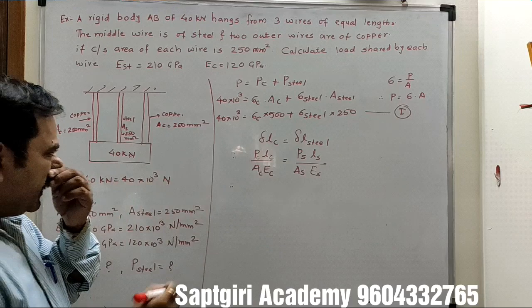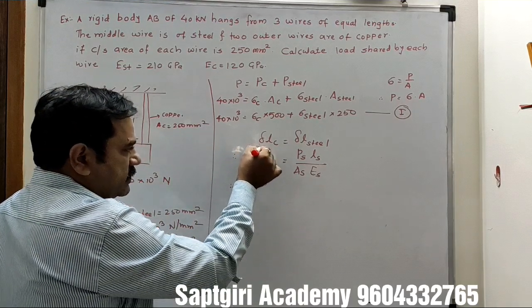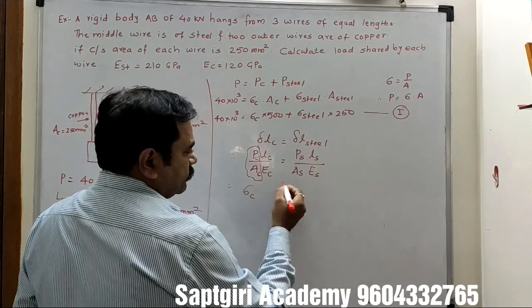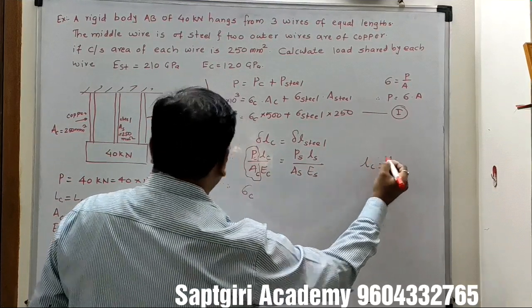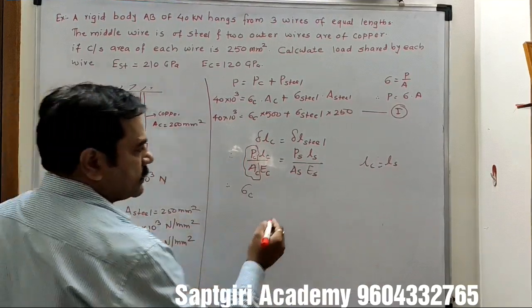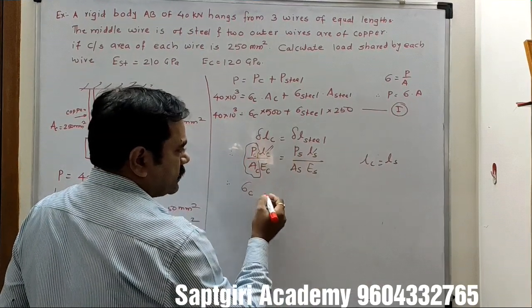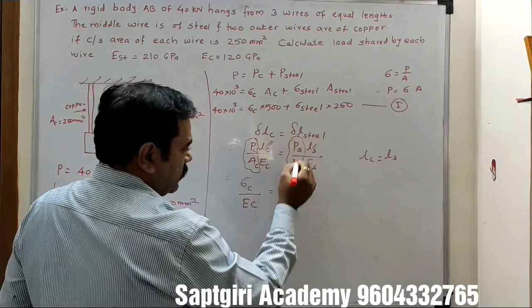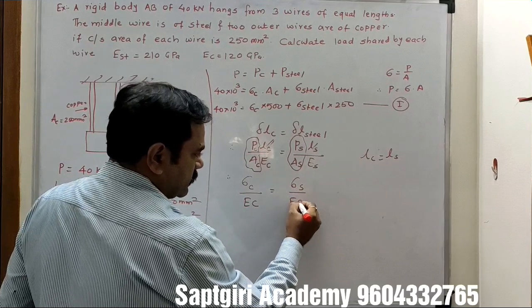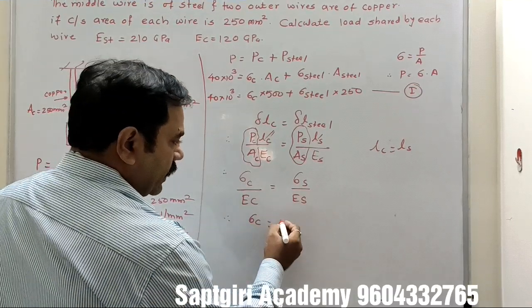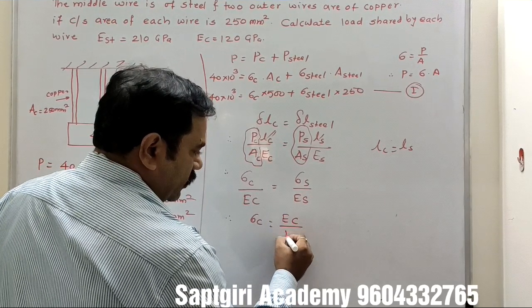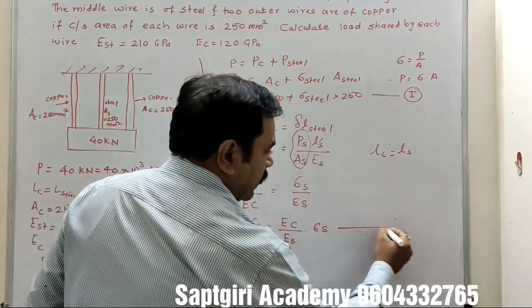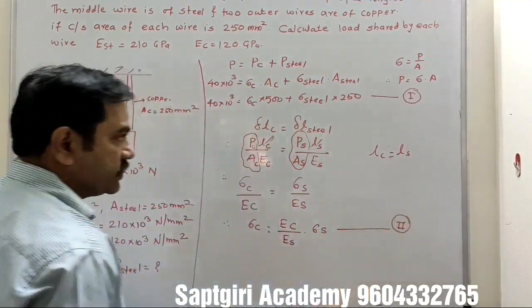Now PC upon AC means sigma C, and LC equal to LS. We have already mentioned LC equal to LS, therefore this gets cancelled. So sigma C upon EC is equal to sigma S upon ES, and sigma C equals EC upon ES into sigma S. This relation is important and it is the second equation.